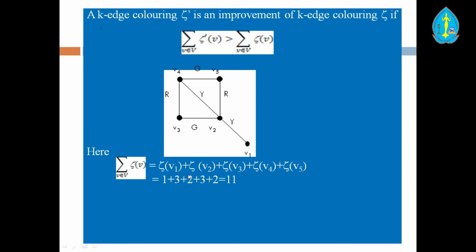And V3 has 2 edges with different colors, therefore the number of colors represented at V3 is 2. The number of colors represented at V4 is 3 and at V5 is 2, therefore the total sum is 11.